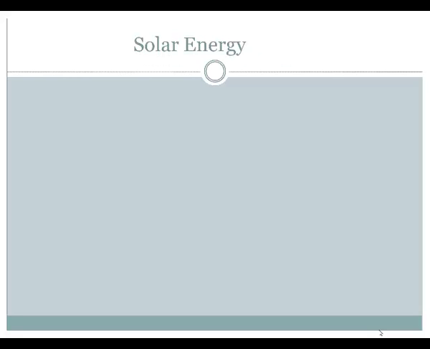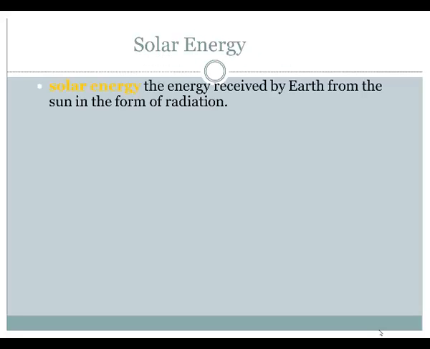Solar energy. Solar energy is the energy that is received by our planet from the sun, and it is in the form of radiation. Specifically, that energy comes in the electromagnetic spectrum.